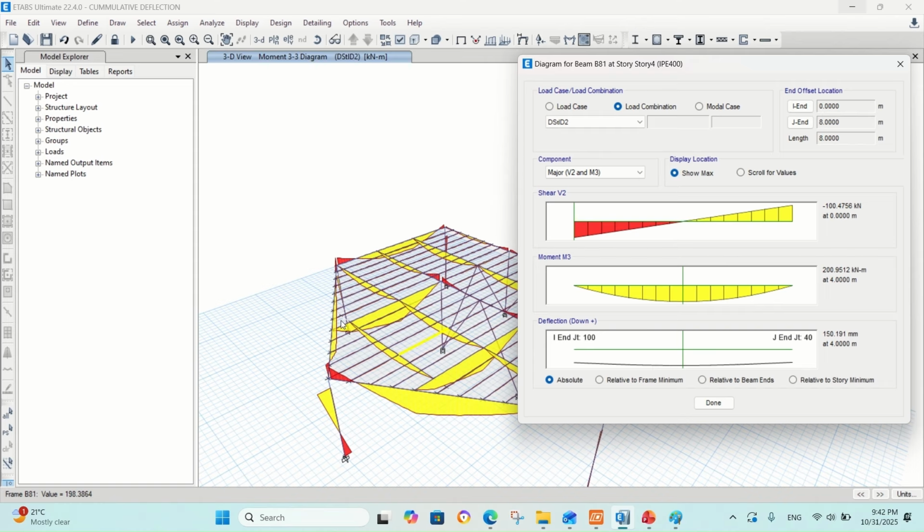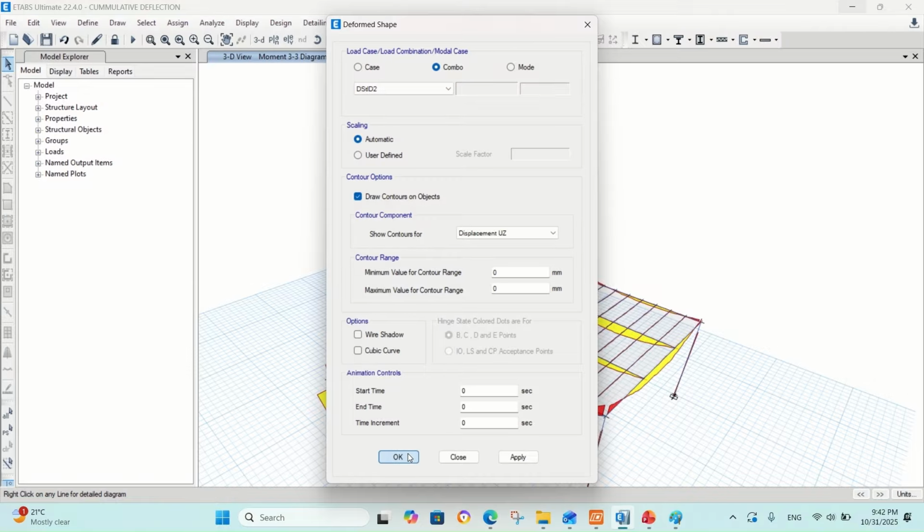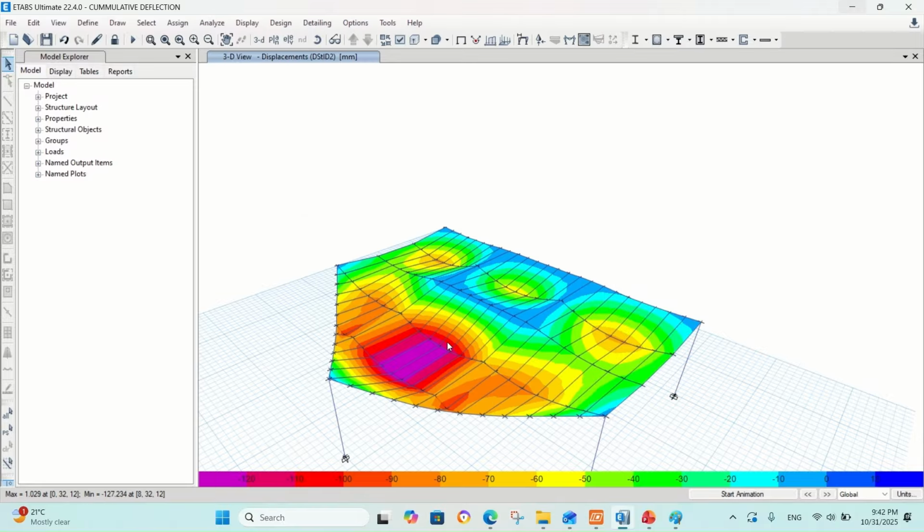So all the accumulative deflection will be seen at the absolute value. Here we can see that the absolute value is reaching 150 mm at these beams, which we saw earlier is deflecting the most.